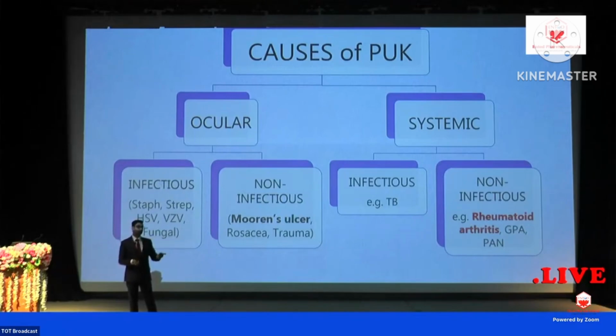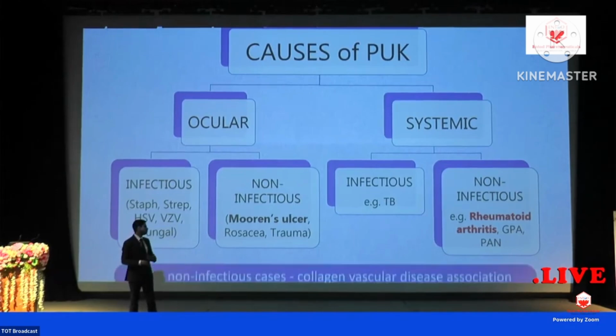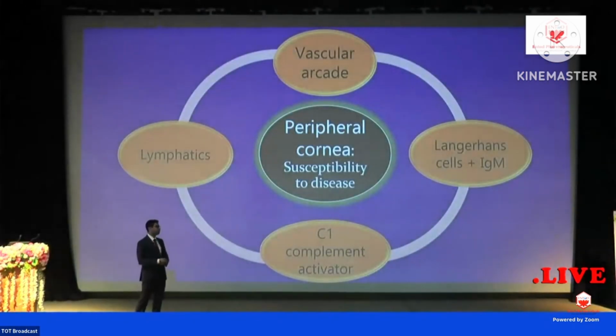If it is a non-infectious systemic cause, the most common association is rheumatoid arthritis with typical deformities of the peripheral joints, or it can be other vasculitis like granulomatosis with polyangiitis. Remember that if it is a non-infectious cause, 50% of them have an underlying collagen vascular disease.